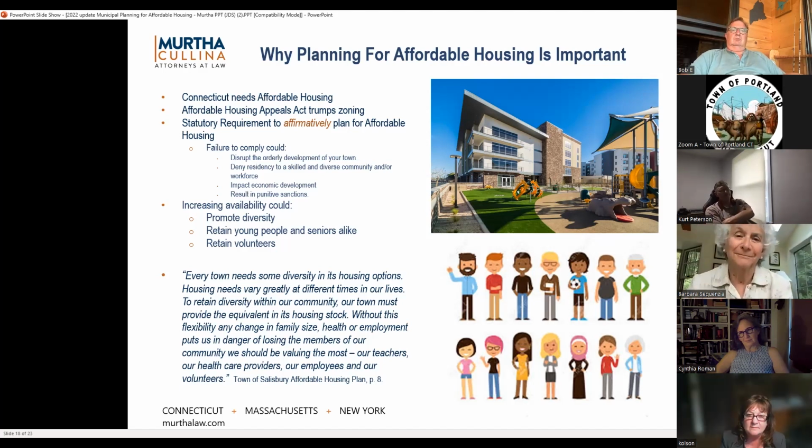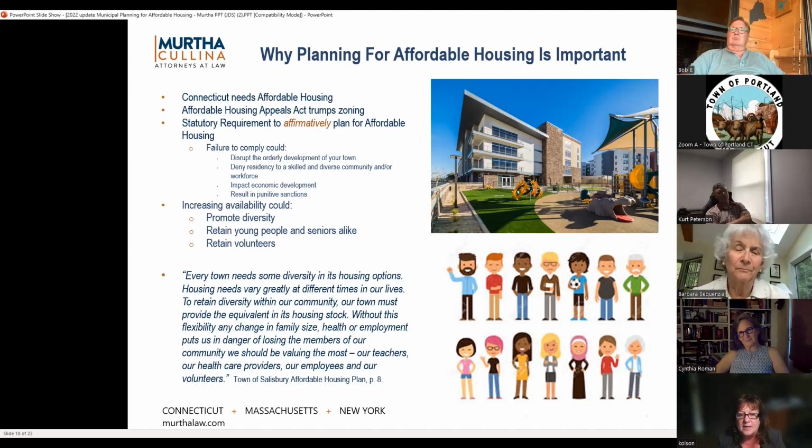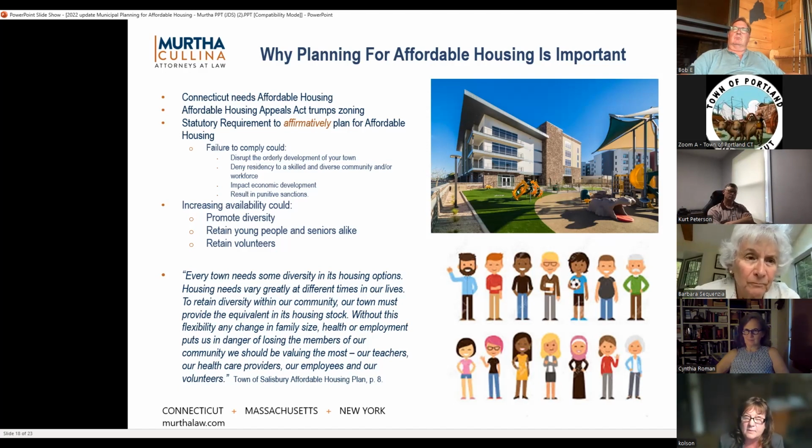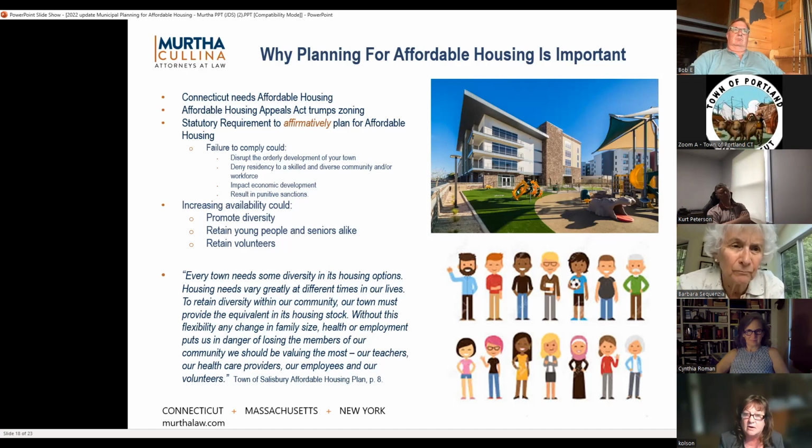Okay. And there's a quote here from the town of Salisbury's affordable housing plan. In fact, I think this was the town, if I'm remembering correctly, which really was focused on losing its really smart seniors. And the quote is, every town needs some diversity in its housing options. Housing needs vary greatly at different times in our lives.